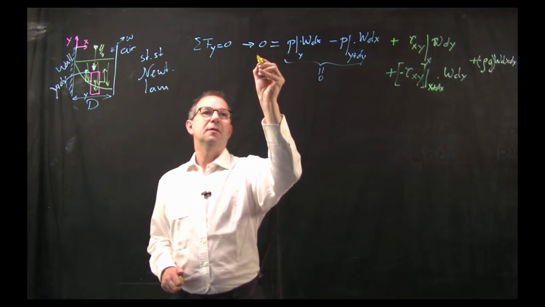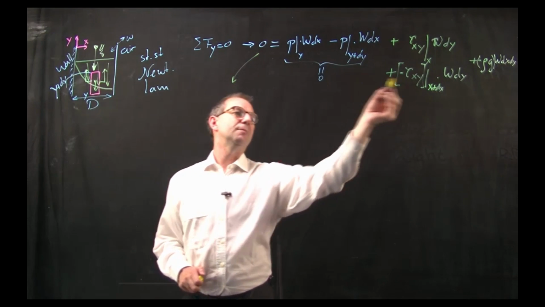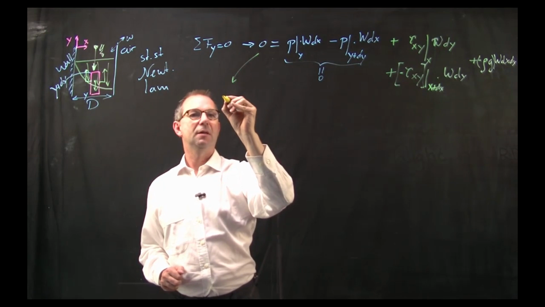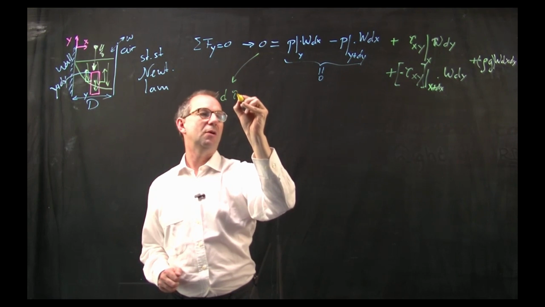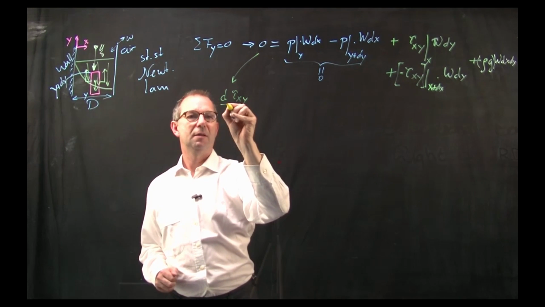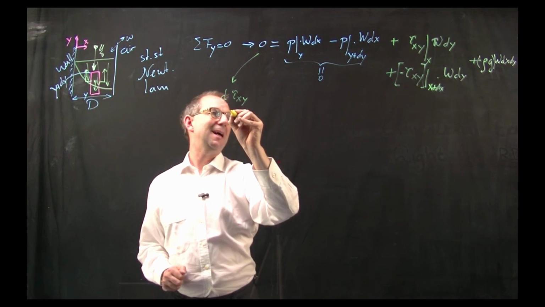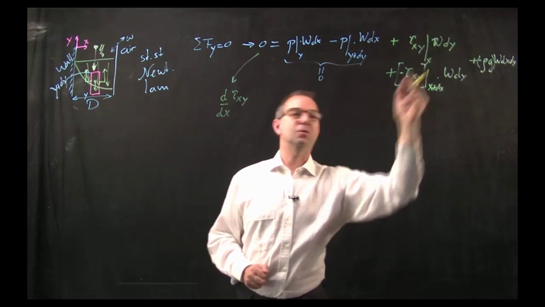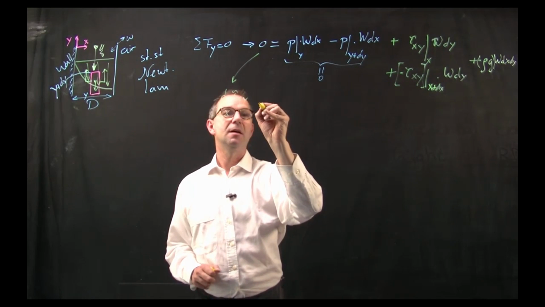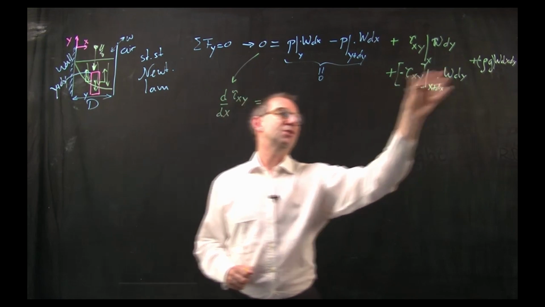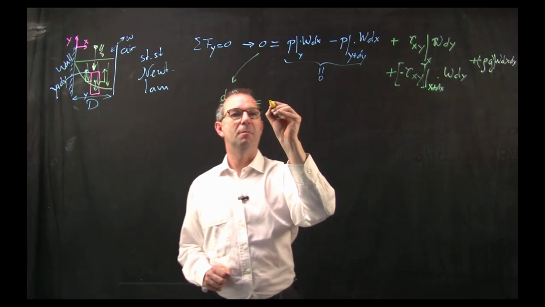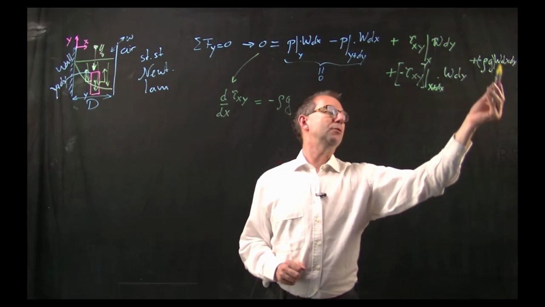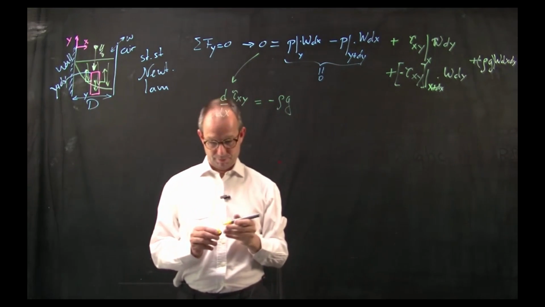Then the tau's move to this side, d tau x y over dx, and that equals what is staying behind, and that is minus rho g.